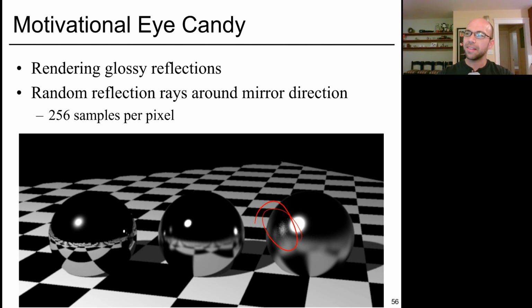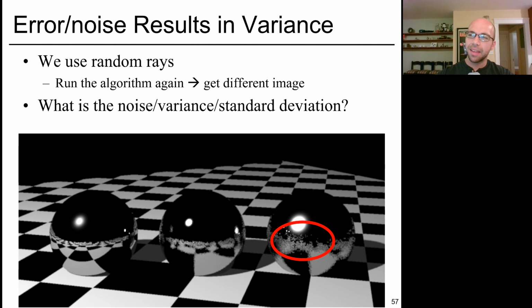There's still some noise. Essentially what's going on here is that we're using these randomly generated rays. We just keep randomly generating more colors, and there are a lot of different byproducts of that. One is that if we run our algorithm a second time, we'll get a slightly different rendered image. In fact, if we average those two together, we'll probably get a better one.